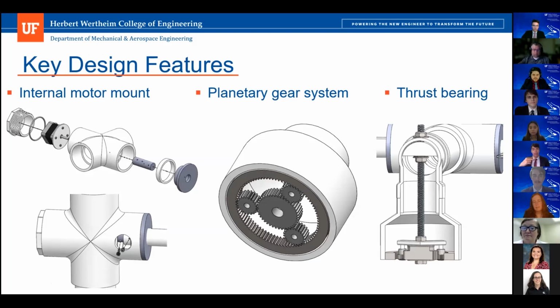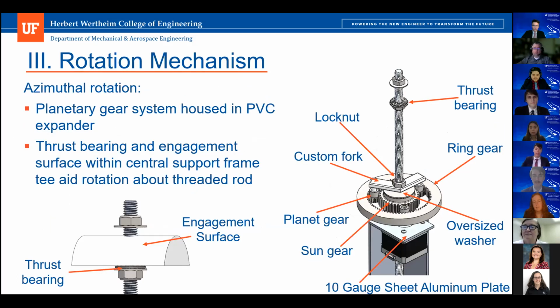Two of the planet gears are suspended. Yeah, this slide's a little better view. They're suspended in place by that fork, but they are free to rotate around their own axis. And then that last planet gear, which is keyed to the motor, is what essentially drives the ring gear. And the sun and the other two planets just kind of spin in place.